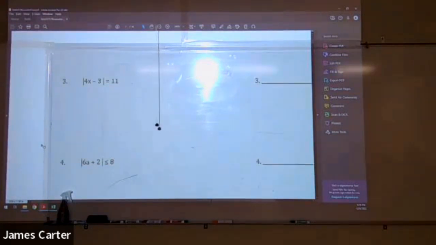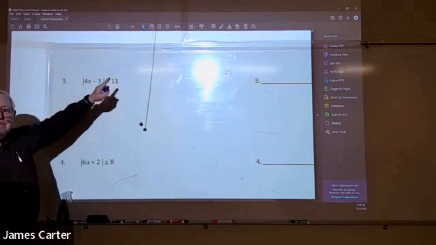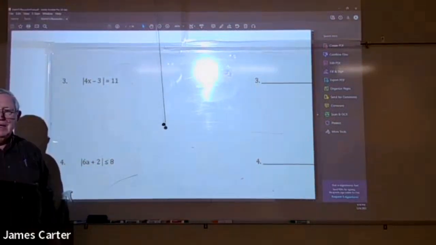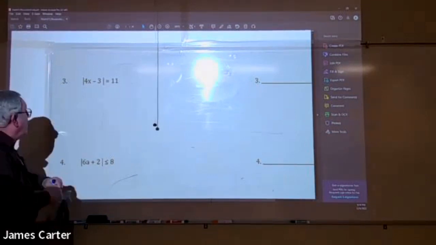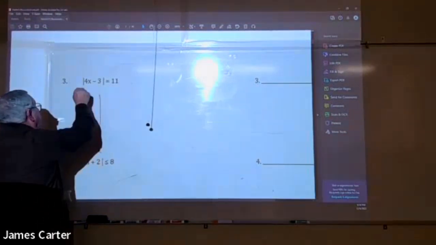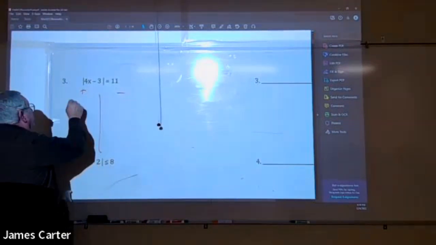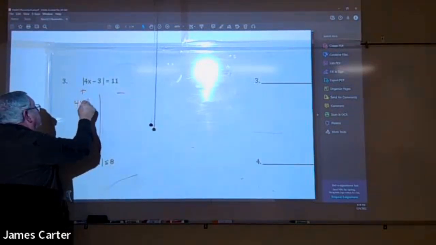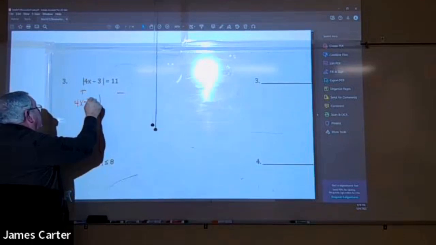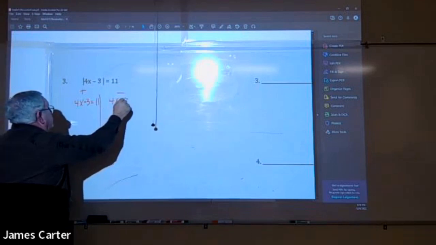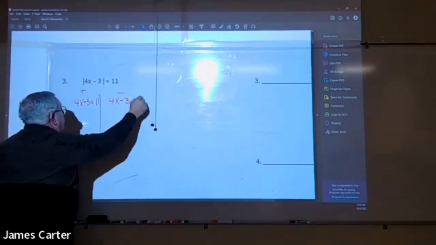Okay, here we go. Absolute values. What happens when we have absolute values? Two problems again, a plus or minus. Here's the plus side, here's the minus side. 4x minus 3 equals 11. And 4x minus 3 equals negative 11.